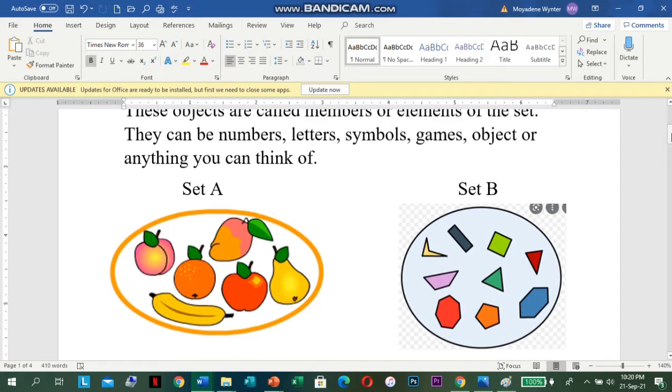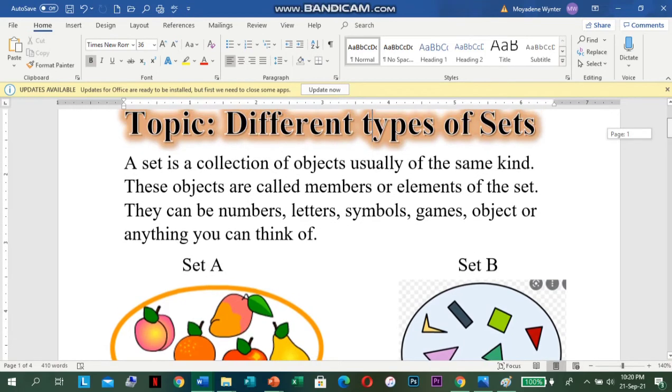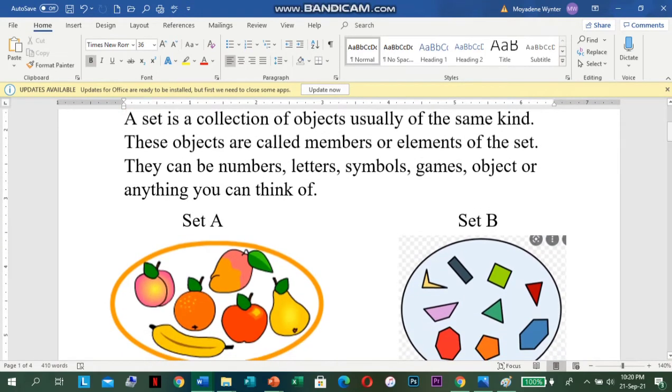Now let us go back to the first sentence in the definition. It says a set is a collection of objects, usually of the same kind. If you look at set A, we see that set A is a set of fruits. But in set A, there are different kinds of fruits, but they are all fruits.